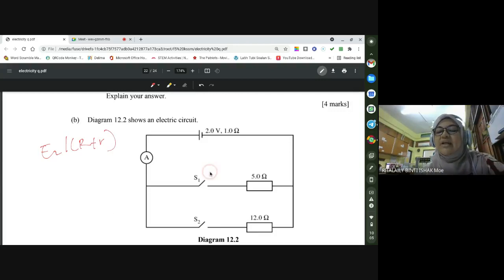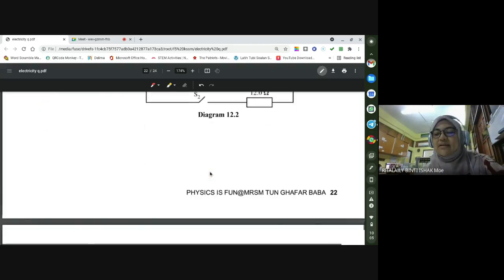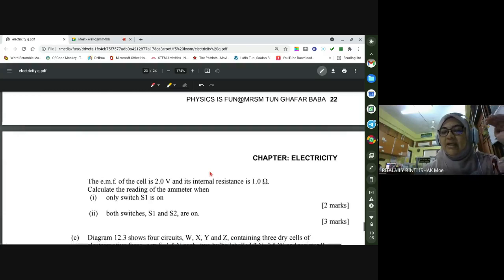Use that formula, then you get your answer. Please remember, for calculation, don't leave your answer in fraction. If you leave your answer in fraction, you will not get mark for the answer, because the examiner will say that you did not complete your task.